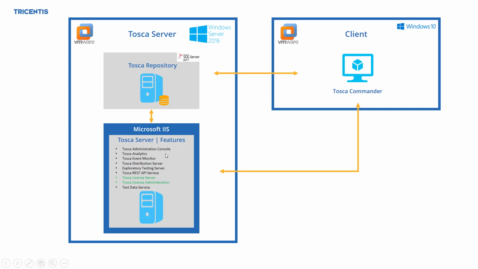That would be, for example, Tosca Analytics, distributed execution, Exploratory testing server, and so on. On the other hand, on the client machine, we will install Tosca Commander. On both of the machines, we will also install the latest patch version, which is available.